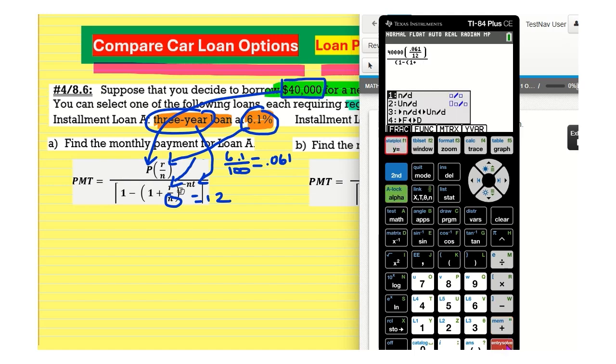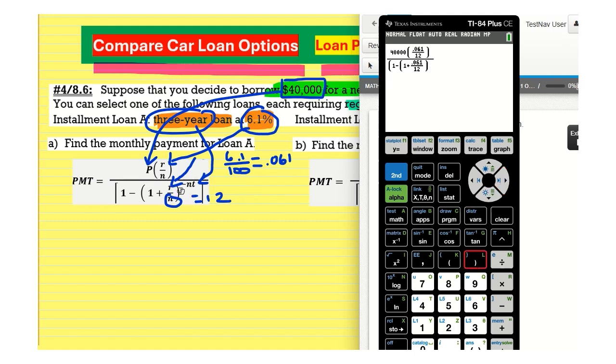It gives me a fraction again. And numerator over denominator, it's the same ratio, so it's 0.061 in the numerator. The denominator, again, the number of payments per year, which is 12. Close the parentheses. Oop, nope, I'm not going to go back and delete that. Get out of the fraction, then close the parentheses.